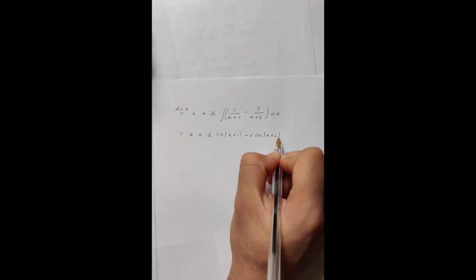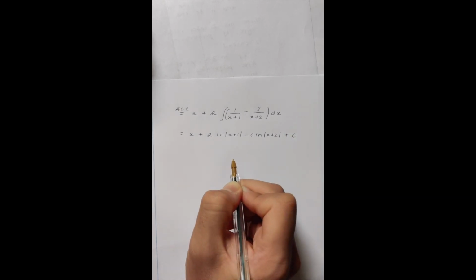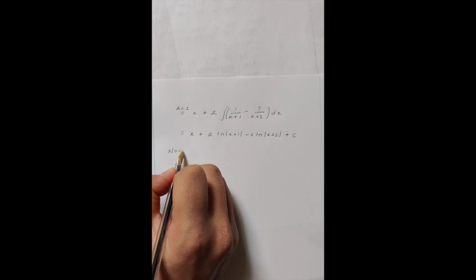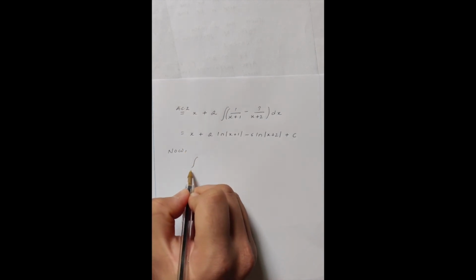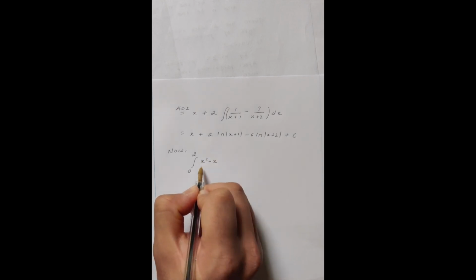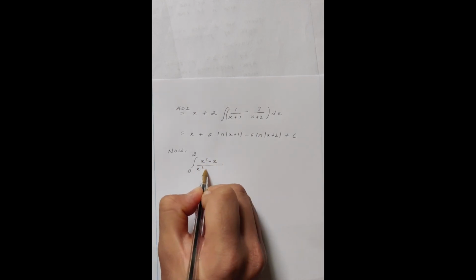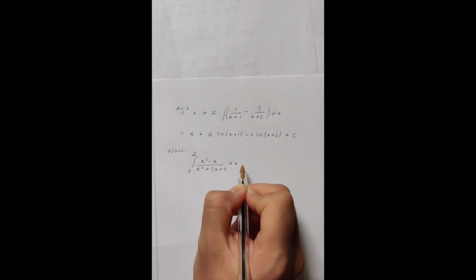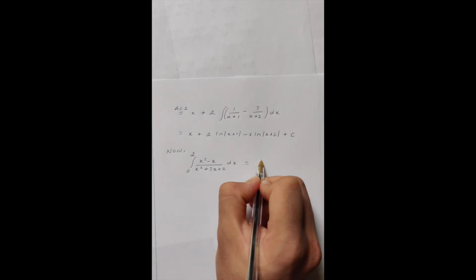And now, solving this, we will obtain natural log of the absolute value of x plus 1 minus 6 natural log of the absolute value of x plus 2, and of course at the end the constant c.